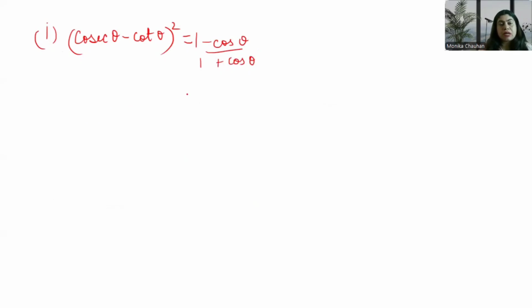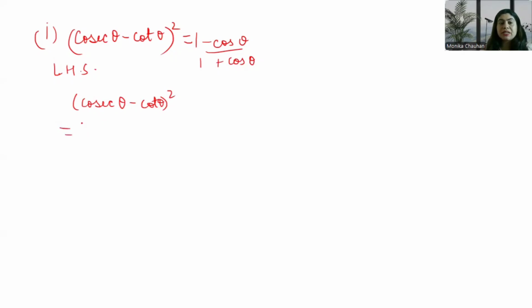So after this, I'm going to take the left side first. So left side is cosec theta minus cot theta whole square.